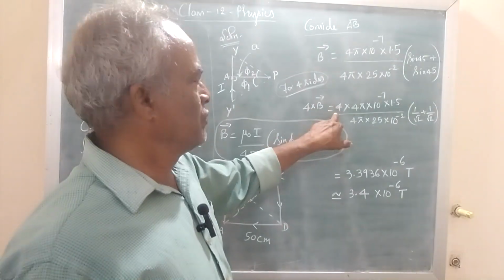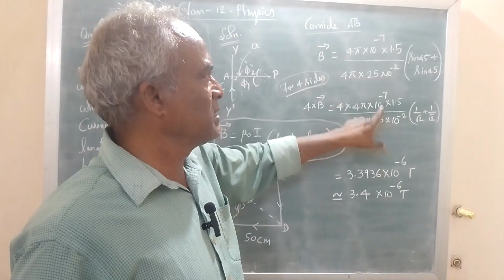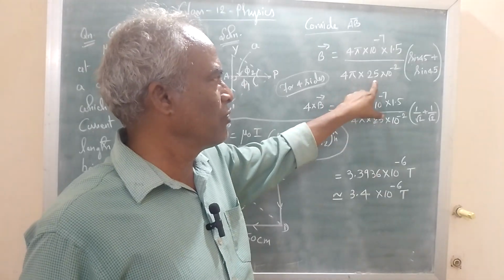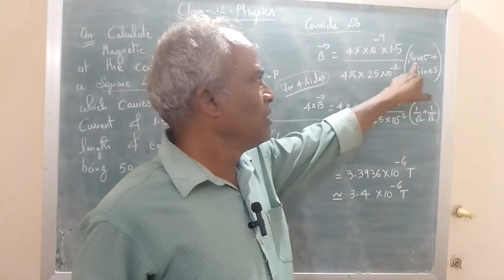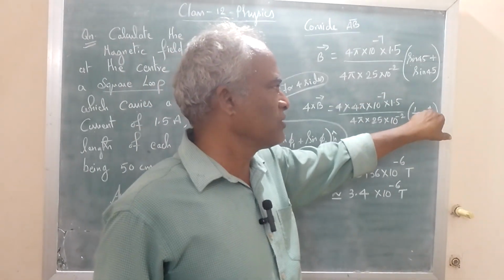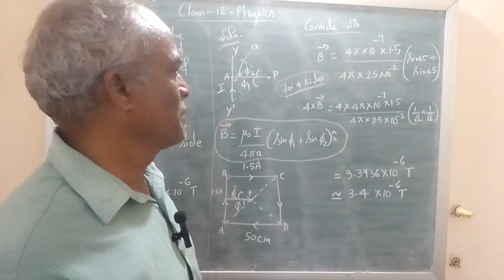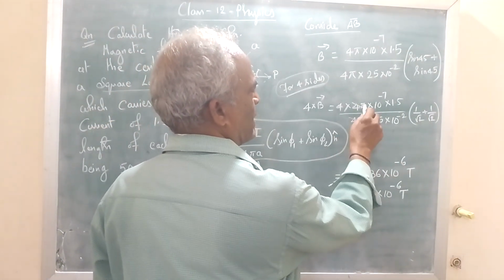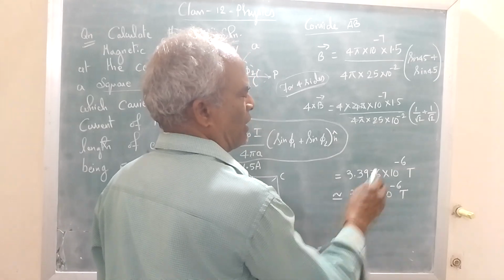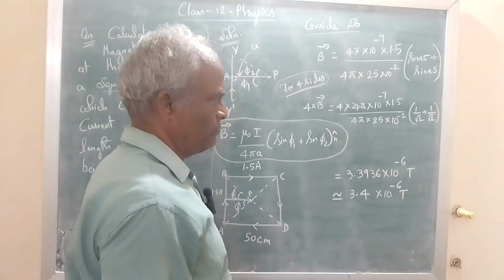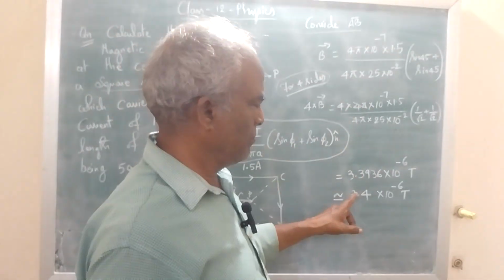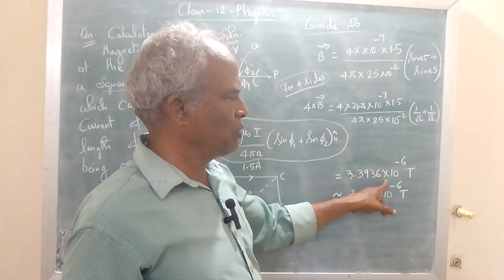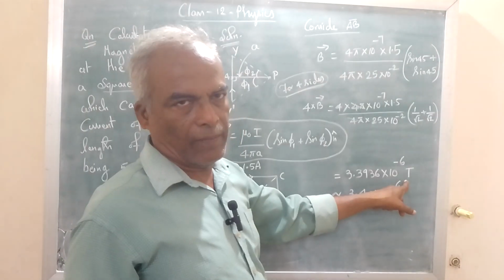So 4, and the rest of the thing will be as it is: 4 pi into 10 power minus 7 into 1.5 divided by 4 pi into 25 into 10 power minus 2, into sin 45, which is 1 by root 2, plus 1 by root 2. The 4 pi will get cancelled, and if you do the simplification, you will get 3.3936 into 10 power minus 6 Tesla.